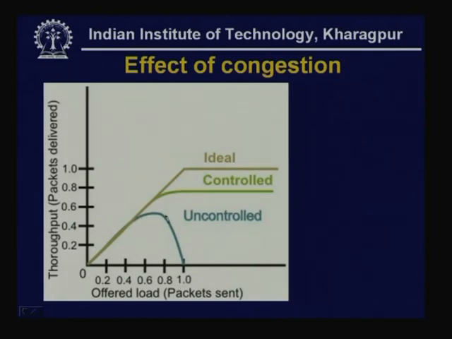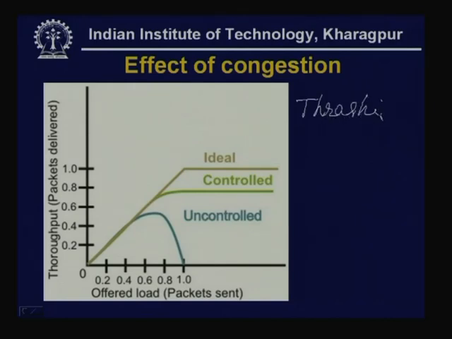So it rises linearly, but as you can see, when it crosses the 0.6 to 0.8 mark, there is delay, and that delay leads to retransmissions, and as a result the rate of increase decreases initially, then it suddenly drops. The throughput drops although the offered load increases, and at a certain point it becomes 0. That is known as thrashing situation.